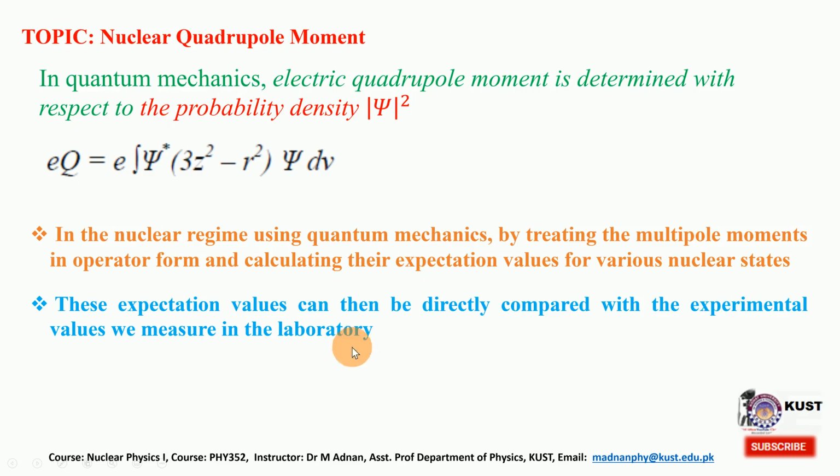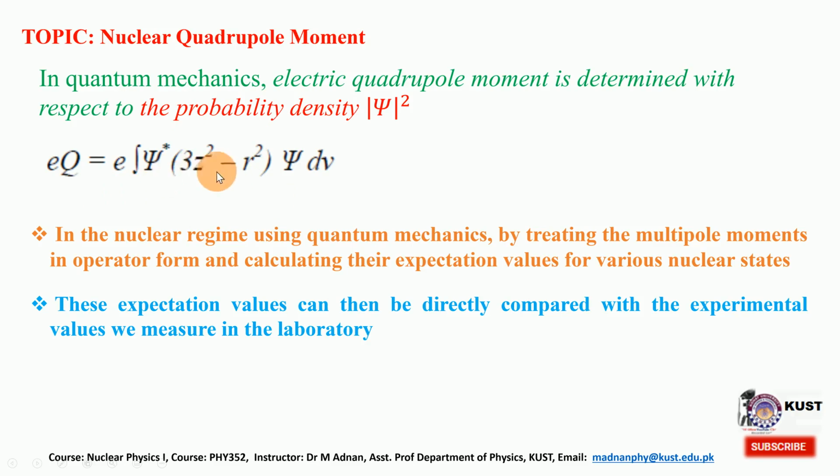You can look for the experimental setups for measuring the quadrupole moment and the magnetic dipole moment for various nuclei in chapter 16 of your course book. So this is the mechanism through which the quadrupole moments of various nuclear states can be calculated, by calculating the expectation value while treating this in operator form.